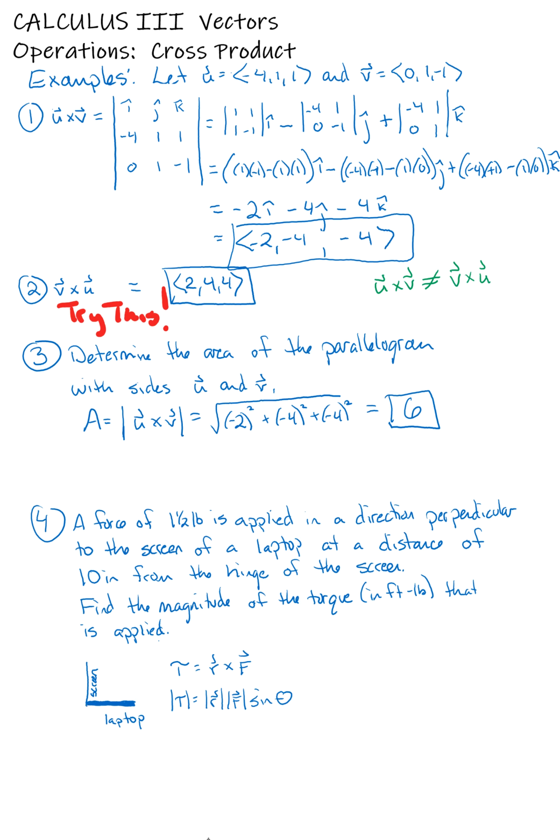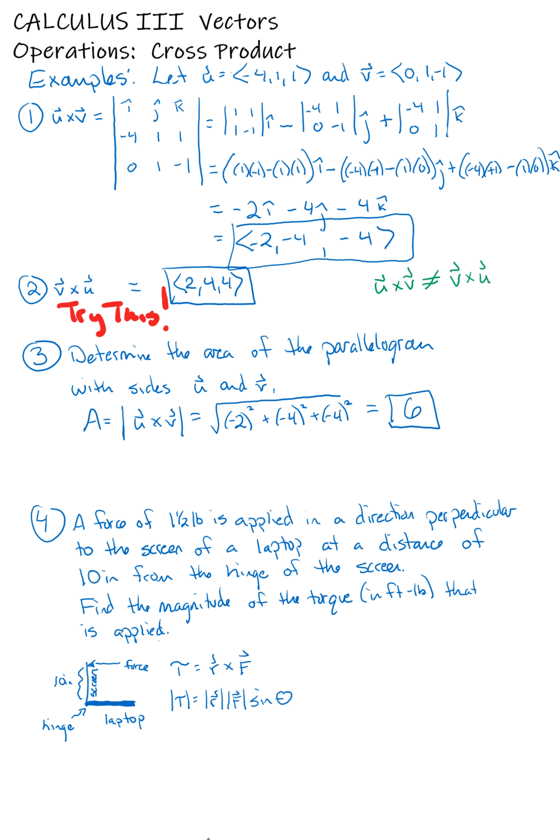So let's see. First off, we know that here's the hinge. That might help. And this force is being applied at the top of the screen 10 inches above that. So there's our force, and of course this distance here is our 10 inches.